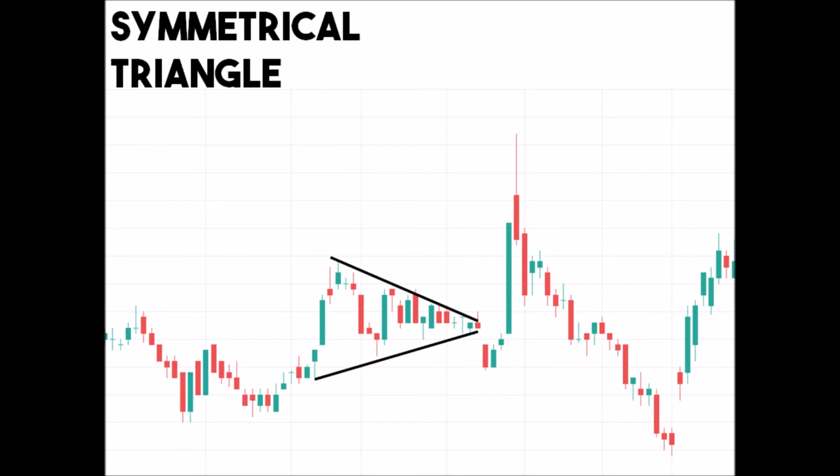Now, if we look at a symmetrical triangle, it's quite a lot different. So you can see that there is clearly a lot of indecision going on here. The price is fluctuating between the two lines quite a lot, and as a result you don't really know what's going to happen. And this is quite clear from what actually happens afterwards, which is you can see that it significantly drops below the bottom support line and then all of a sudden rockets up afterwards.